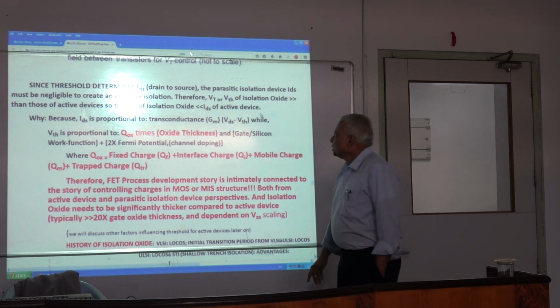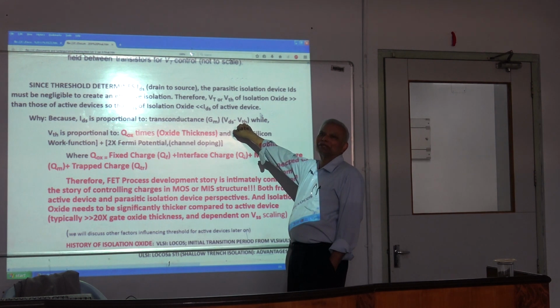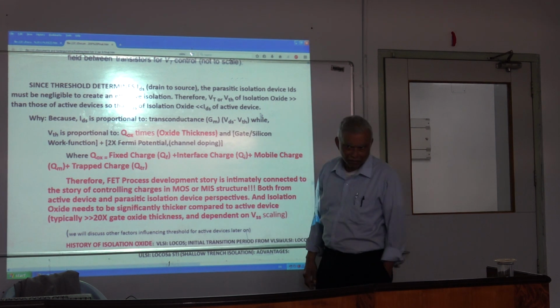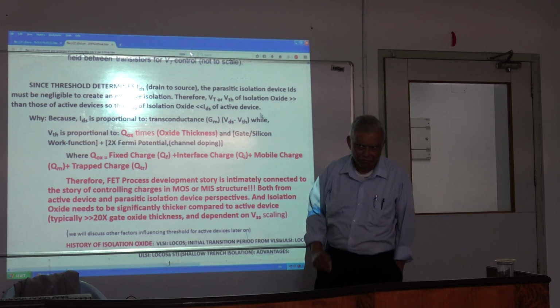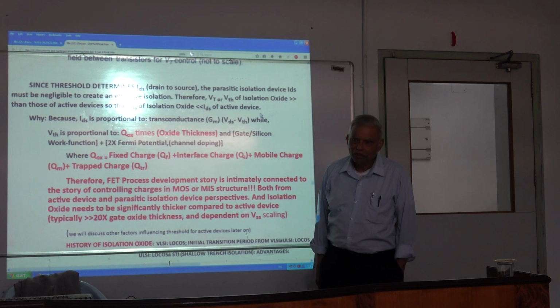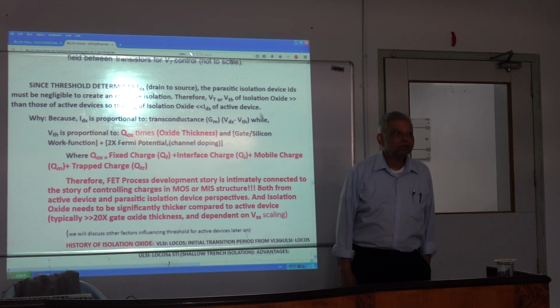So, you want to lift up this threshold. The more you lift it up, the lower the current of the parasitic device, which is your isolation limit. For the parasitic device, you're making it harder to turn on, even in the worst case scenario. You're making it difficult to turn on.